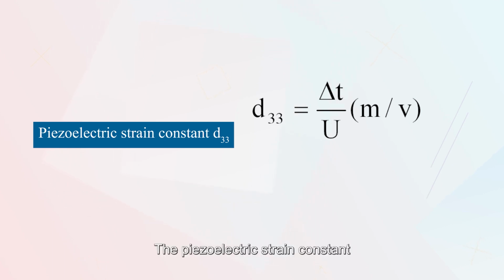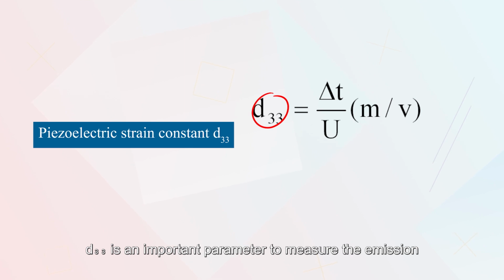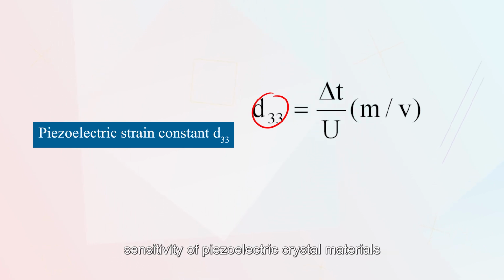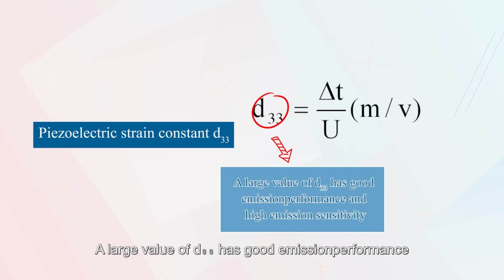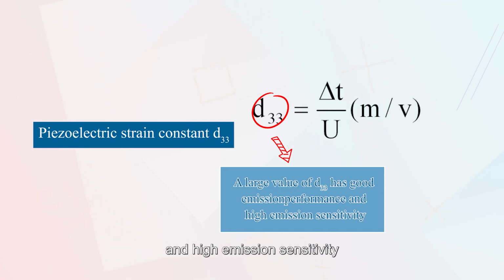The piezoelectric strain constant d33 is an important parameter to measure the emission sensitivity of piezoelectric crystal materials. A large value of d33 means good emission performance and high emission sensitivity.